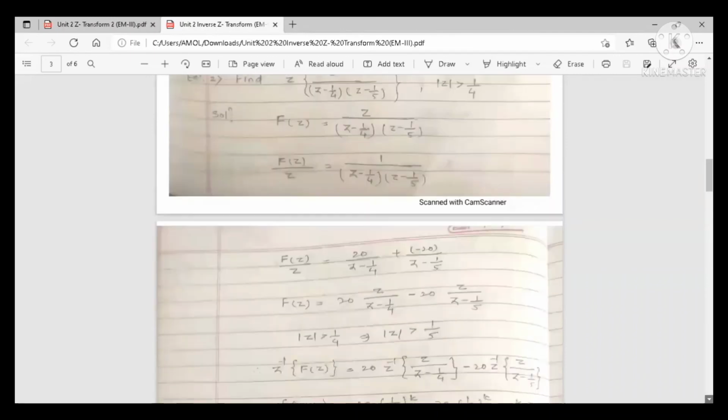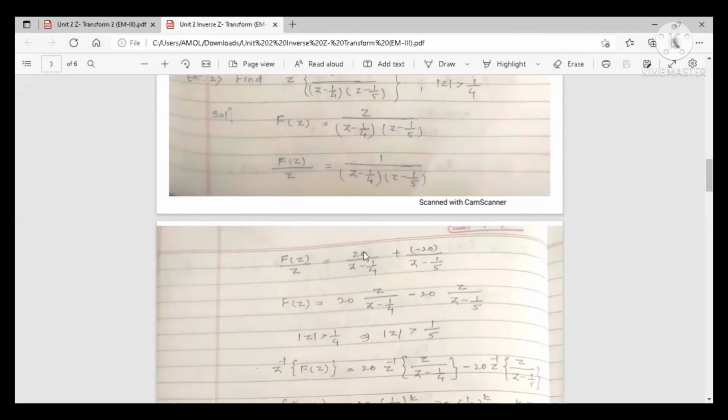Now you separate these two terms, z minus 1 by 4 and z minus 1 by 5, using the partial fraction method. The arbitrary constants for both the terms are different. For the first one it is 20 and for the second one it is minus 20. We know how to separate two factors using partial fractions. We have already studied the partial fraction method in 12th standard.